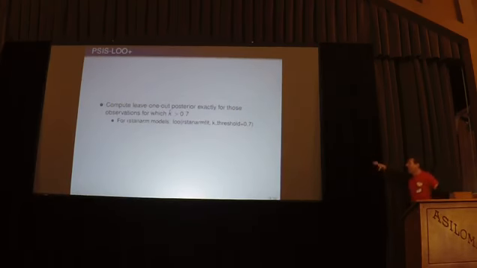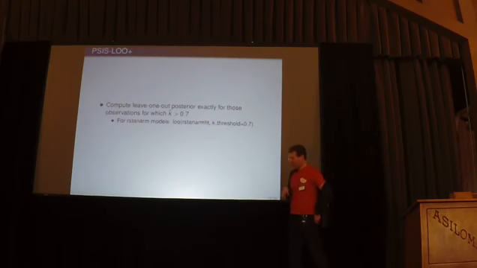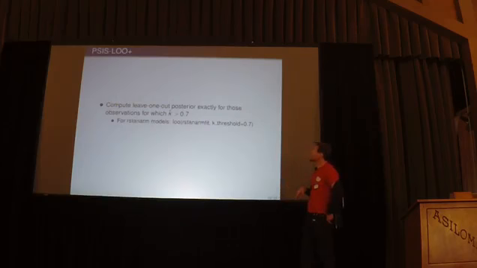Okay, when we have high k-hat values, in our paper we denoted this as PSIS-LOO+, and we can compute the leave-one-out posterior exactly for those observations for which k-hat is larger than 0.7.